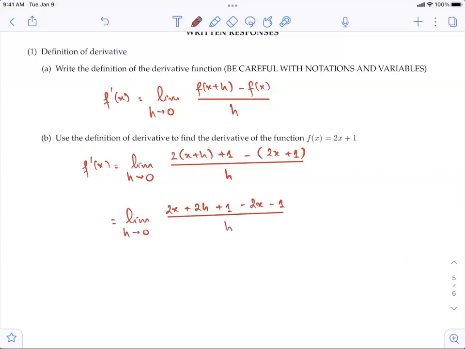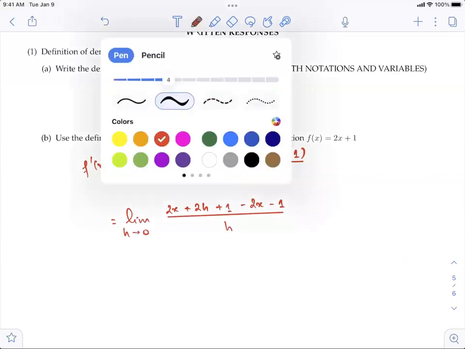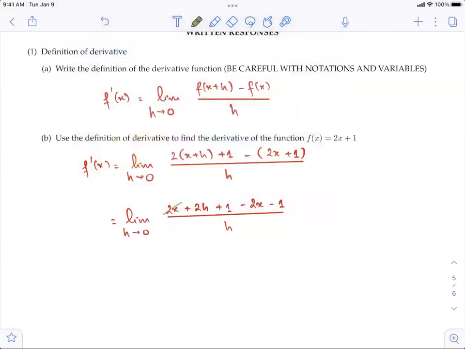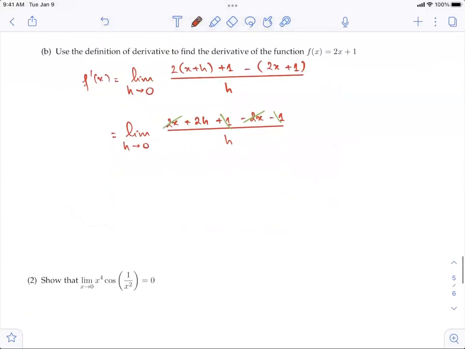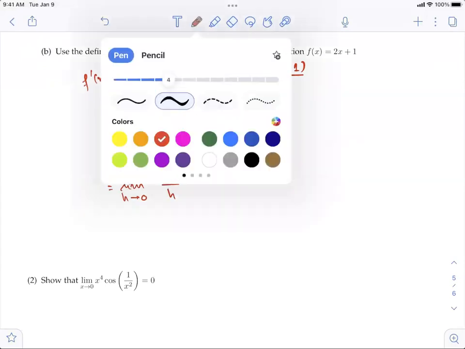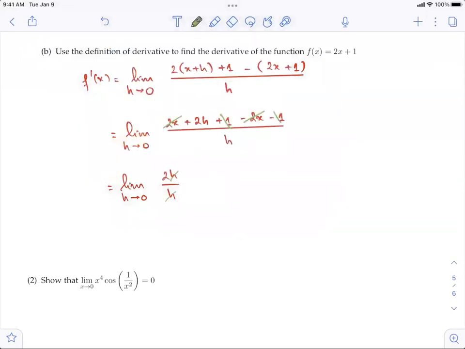all over h. Now you see that 2x and negative 2x cancel out, positive 1 and negative 1 cancel out, and you're left with just the limit as h approaches 0 of 2h over h. You can cancel out the h and get the limit of 2 as h approaches 0, which is equal to 2.